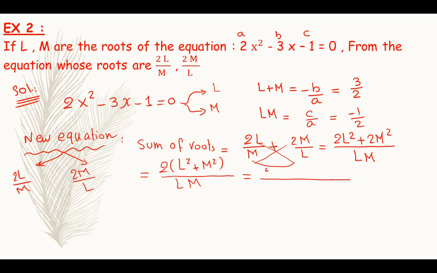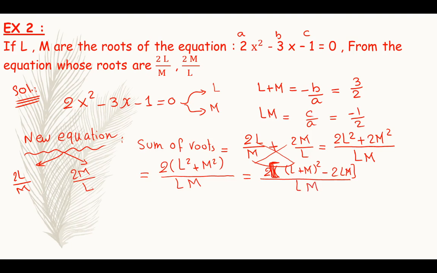So we write 2, and we replace L power 2 plus M power 2 by the rule L plus M all power of 2 minus 2LM, over LM.